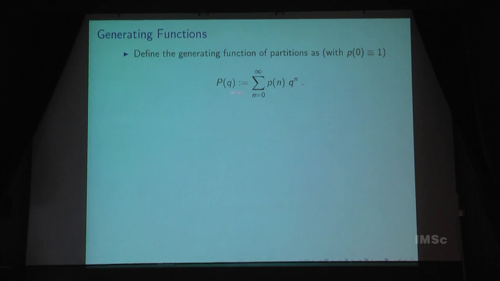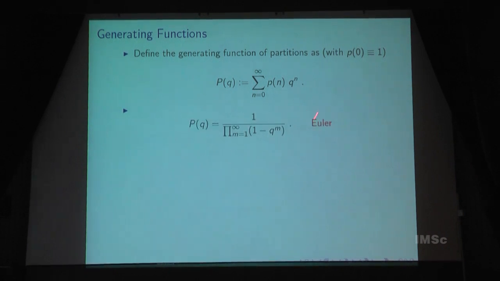P of Q is nothing but, if you expand it as a power series about 0, the coefficient of Q power n gives you the number of partitions of n. This is the definition. It looks very simple. But why am I using the variable q, why not x? It's just some convention. It's sometimes called a q series. They have other meanings, and sometimes it's related to some modular parameter.